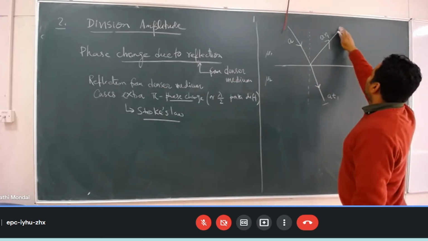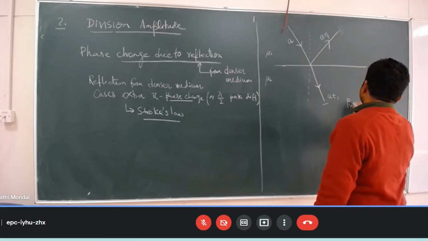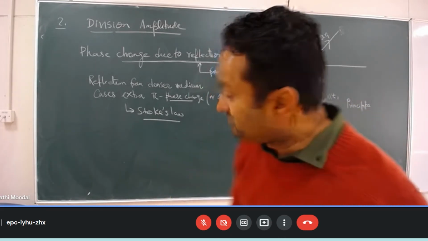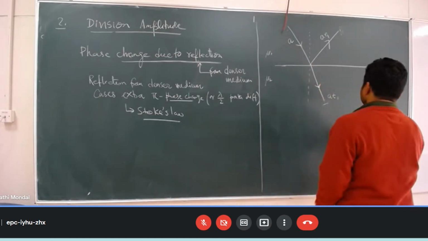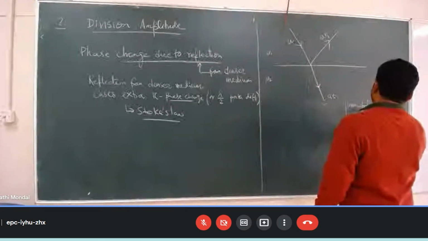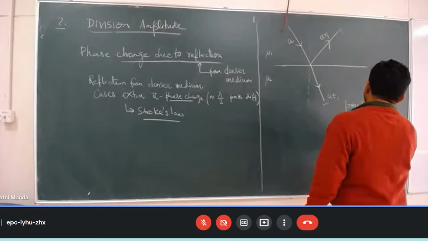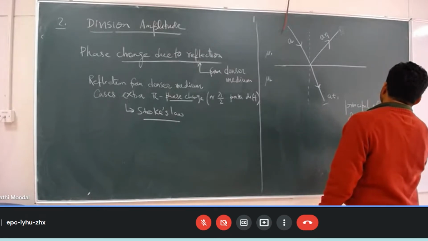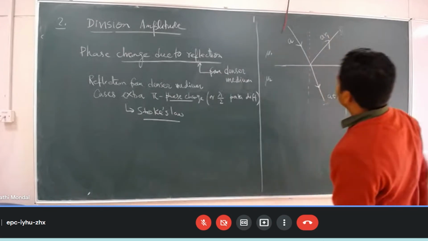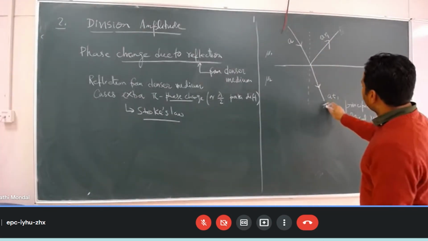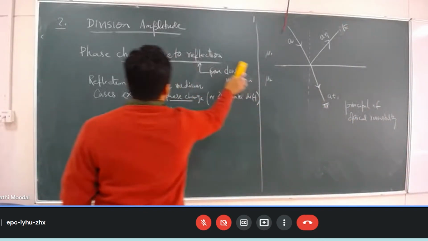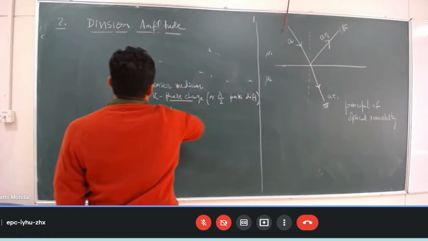That is called the principle of optical reversibility. That means if I change the light path by placing mirrors here and here, it should traverse the old path already defined by the forward movement of the light.